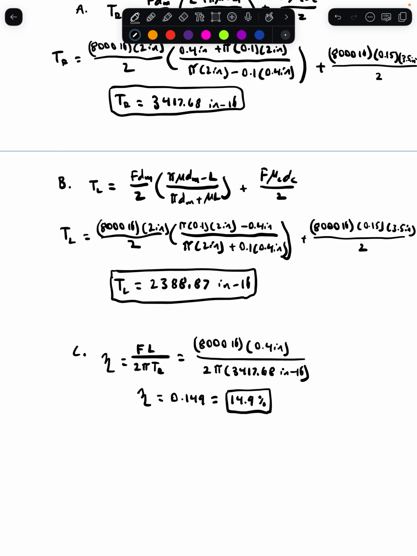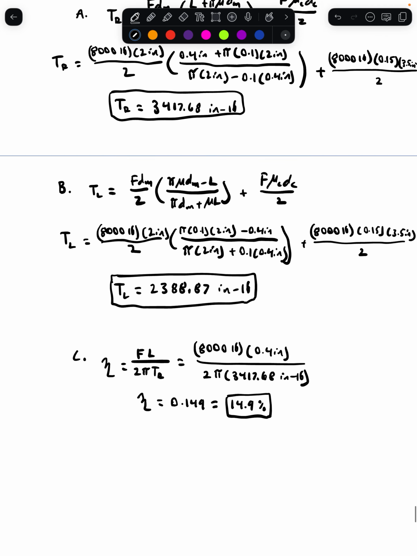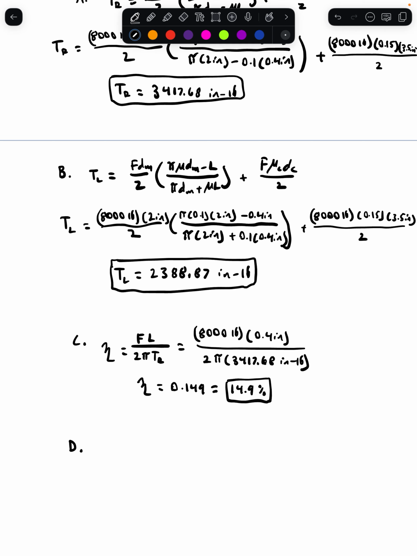Okay, and then the last thing we're asked for is whether it is self-locking. So remember, we had two equations for this. We had pi times mu times dm has to be greater than L, or mu greater than tangent of lambda. We are not given lambda, and so I'm going to go ahead and use this first equation here.